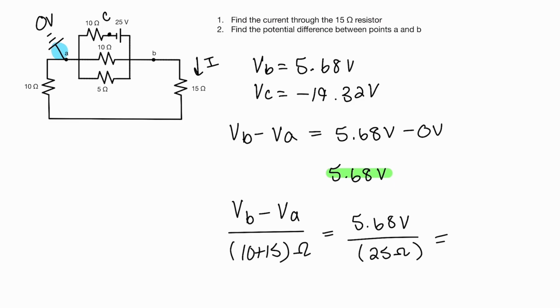And then what you'll get from that is 0.227 amps. So this will be the current that we found, and we'll notice that it is a positive answer, which means that we guessed the current direction correctly. So that's how you solve this problem, and I hope it helped.